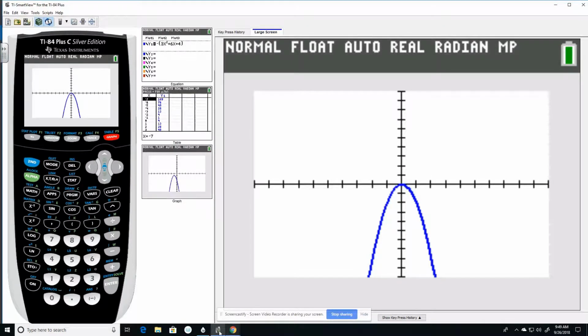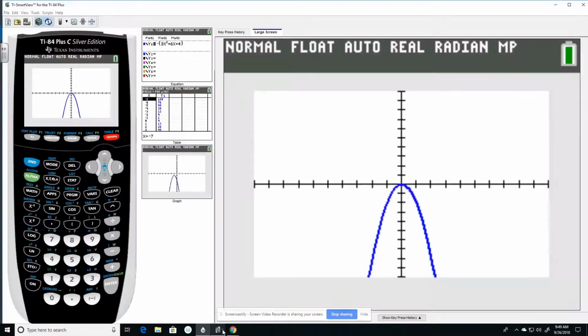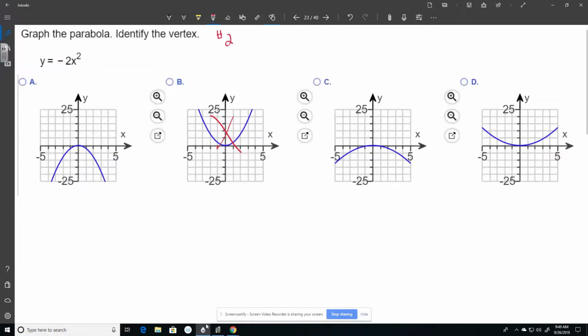So when I look at these options I have to choose from, first of all, this one goes right to 0, 0, the vertex, but it's pointed up, and mine is pointing down. So it's definitely not those two. And then when I look at these two graphs, over here at negative 5, I'm down about 1, 2, a little more.